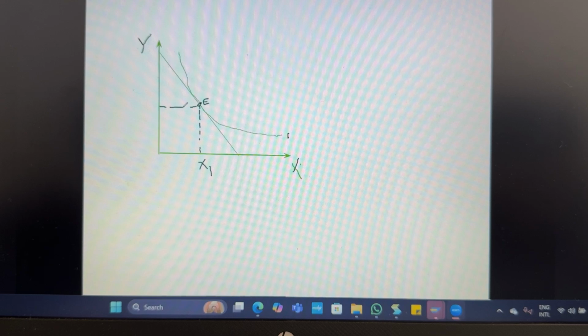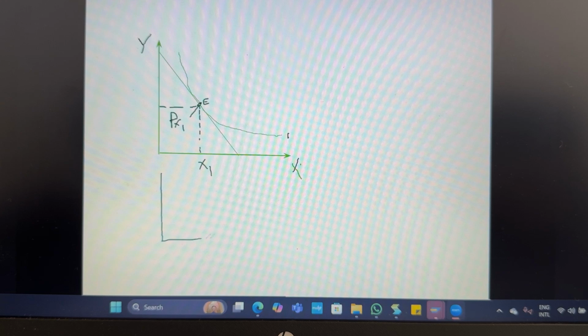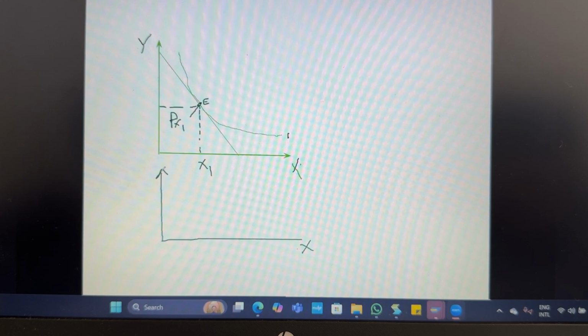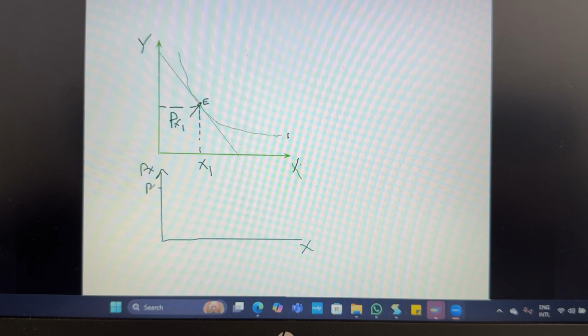Okay. So here, let's name this price, at this point, Px1. When the price of X is Px1, you purchase X1 amount of commodity X. This is the price of X, say Px1, you can put it here.